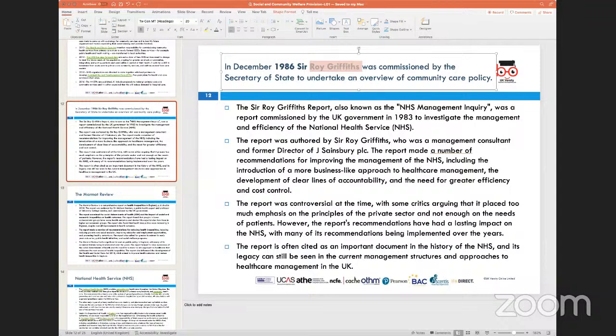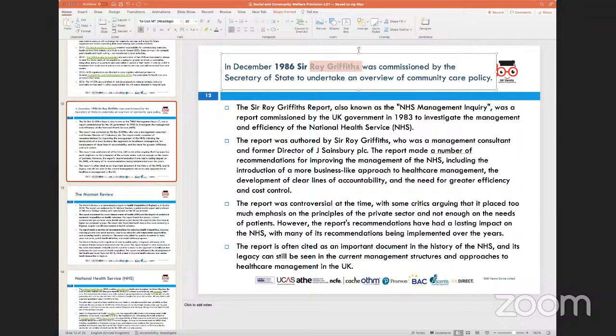And the Griffiths report essentially recommended that the National Health Service should introduce what is called a general management in order to drive its operations. And this review set out that the management should play a very critical role in identifying what the needs and requirements of providing these services are, and if there are any gap areas, how they need to be fulfilled.